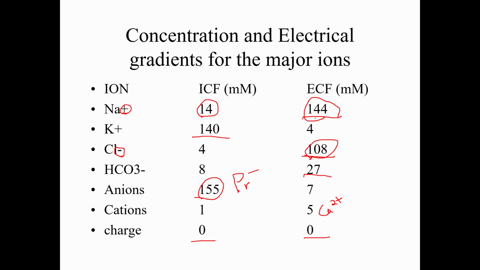So notice in the case of sodium, both gradients are inward. In the case of chloride, the concentration gradient is inward, but the electrical gradient is outward. We'll talk about this in class, but you ought to be able to go through all of these on your own and figure out the directions of concentration and electrical gradients.